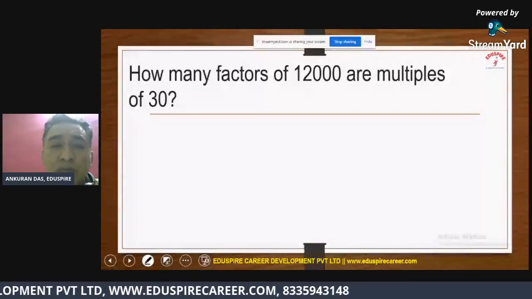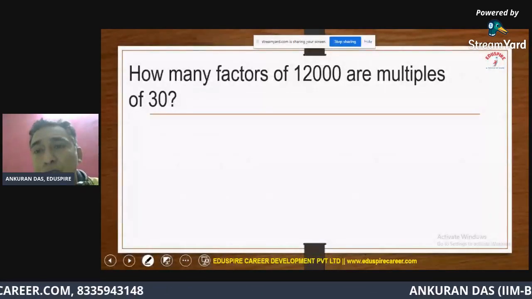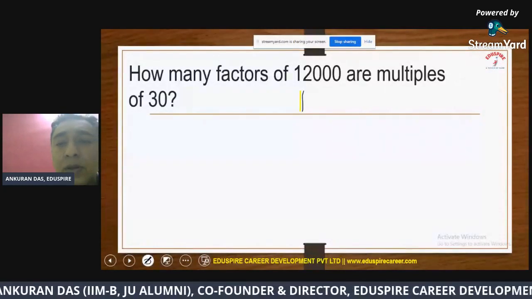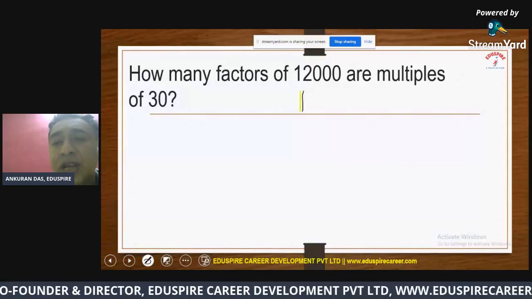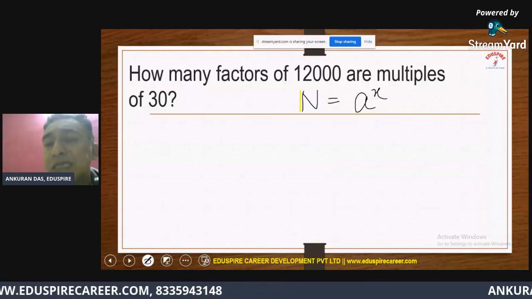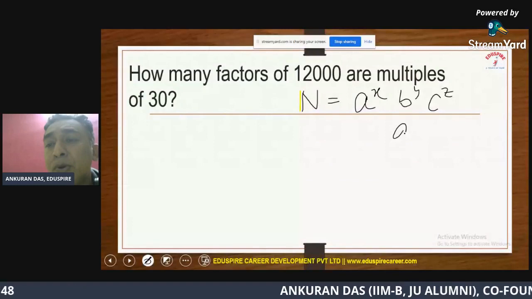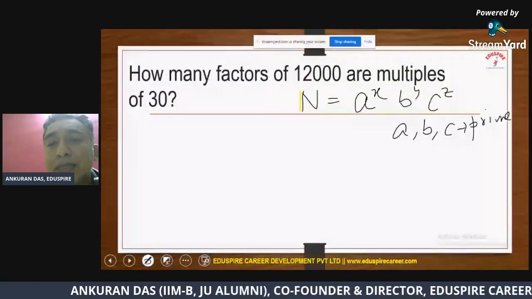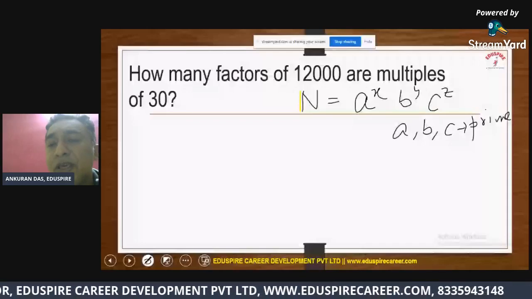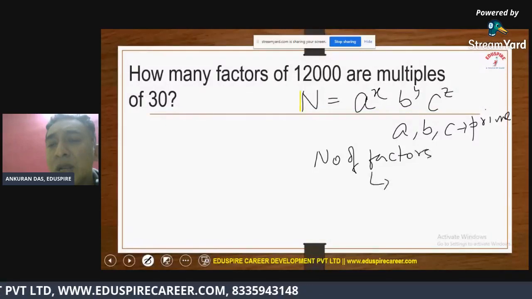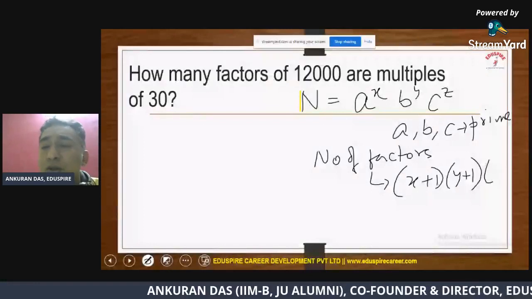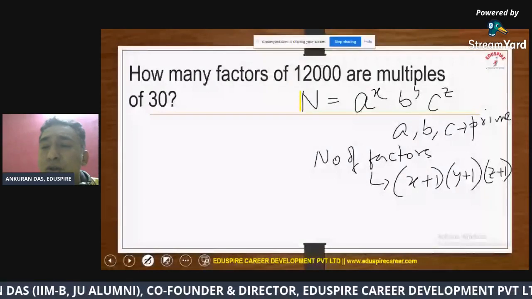Now here, something important for you to know, if I look at a number which is expressed as n, understand, if I express n as a to the power x into b to the power y into c to the power z, where a, b, c are prime numbers, then the number of factors of n will be given as x plus 1 into y plus 1 into z plus 1. All right, just for your knowledge, I thought I should share that.